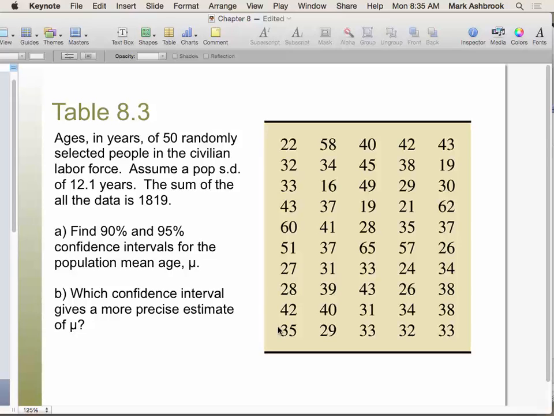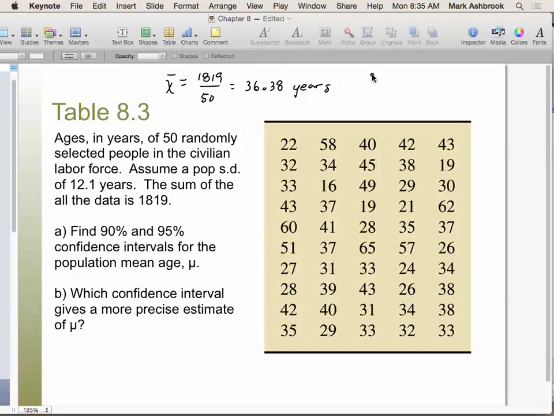Okay, let's do this. So we got the mean, our point estimate. You took 1819 over 50, and that was the mean of the sample, right? Sum up all the data values, divide by the number of data values. One more time, 36.38 years.